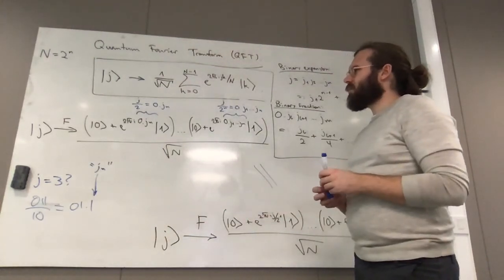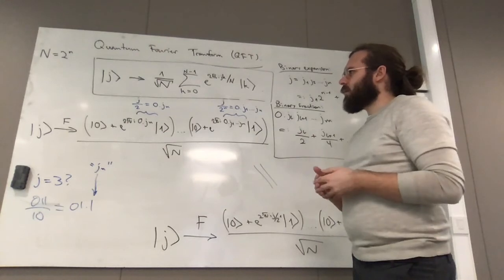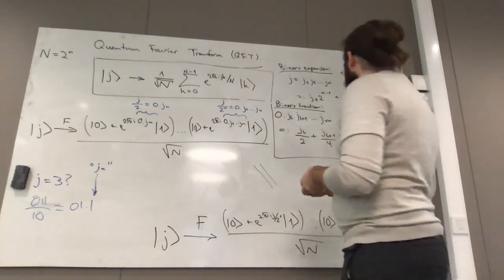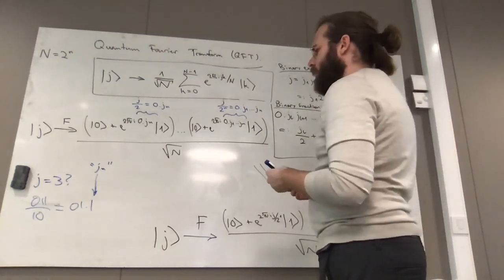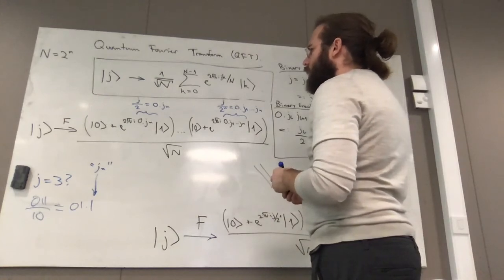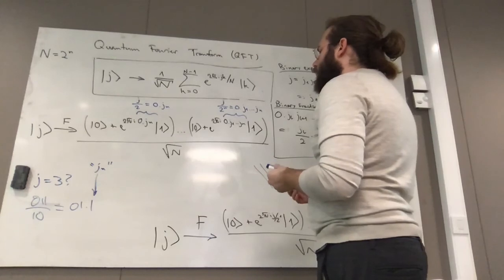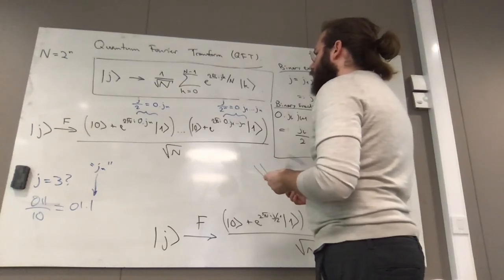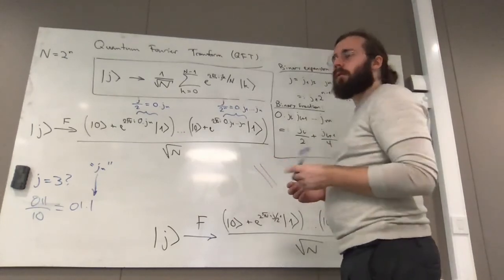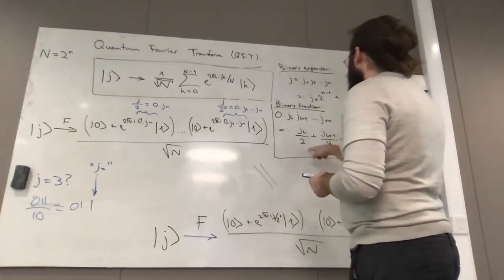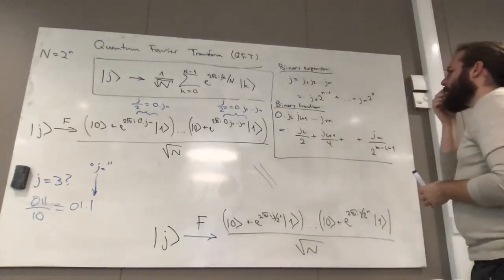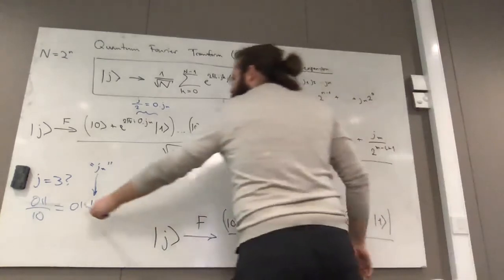Is that true? I guess. It's 2, right? Why 2 divided by 0.4? No, but we should use that definition, right? Binary fraction is 1. Yeah, but so where does this part go?